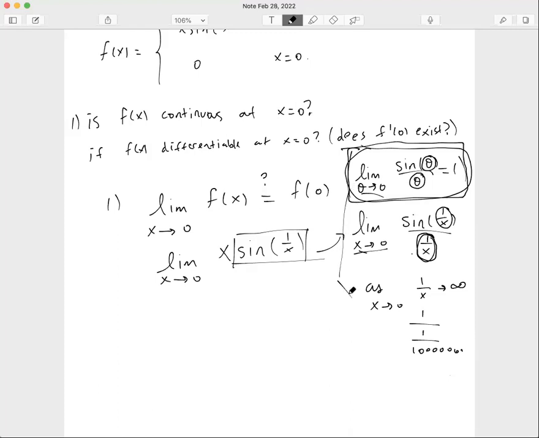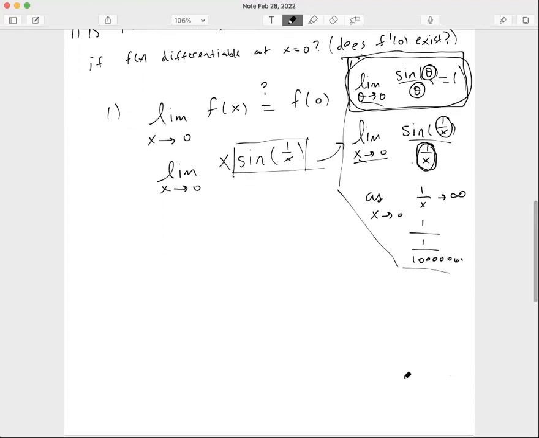Yeah, okay. So we can't really use that trick, but what's another trick that we have? What do you know about sine? Yeah, squeeze theorem is probably a good bet. So how do we start a squeeze theorem problem? So good.